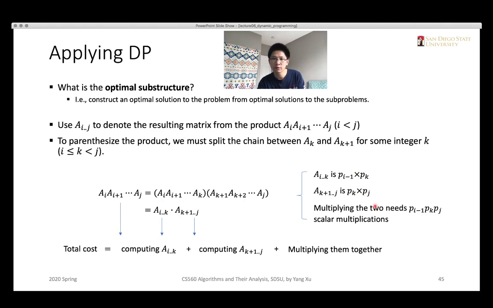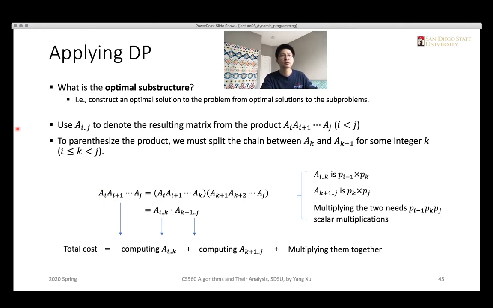So if we want to multiply these two matrices together, the cost of the scalar multiplications is P subscript I minus 1 times Pk, see the Pk matches here, times Pj. So now, given these rules, we can rewrite the total cost of obtaining the chain multiplication results.